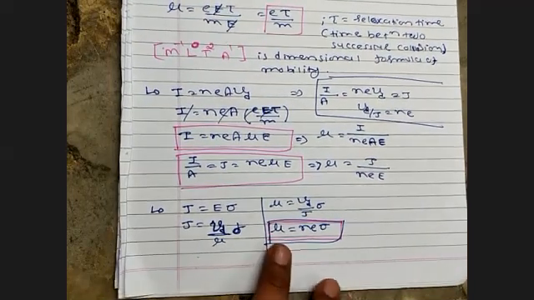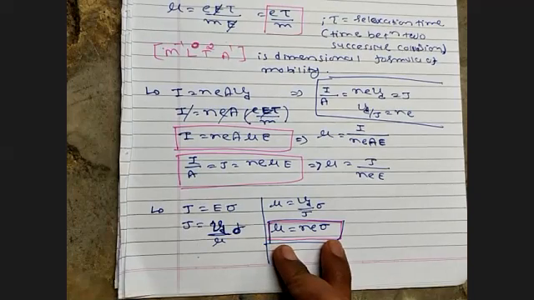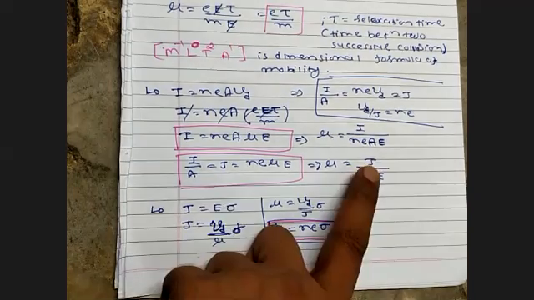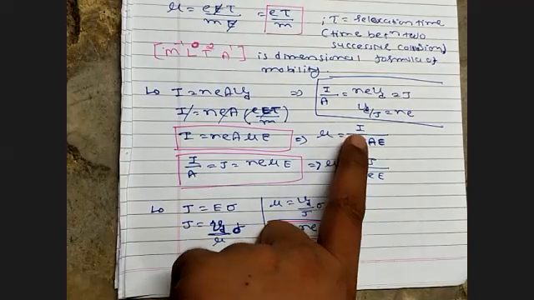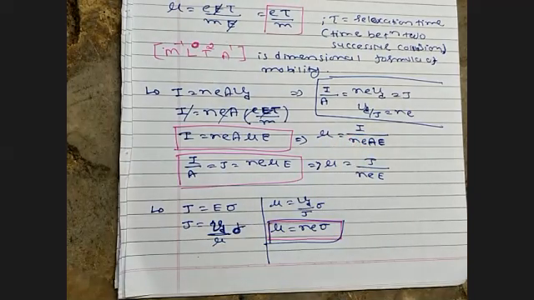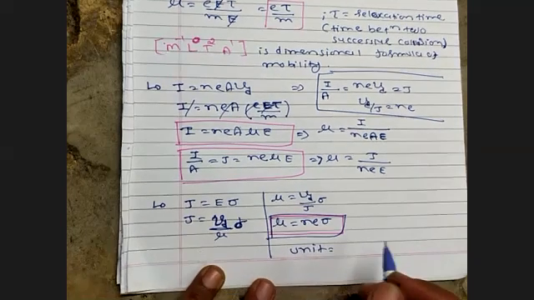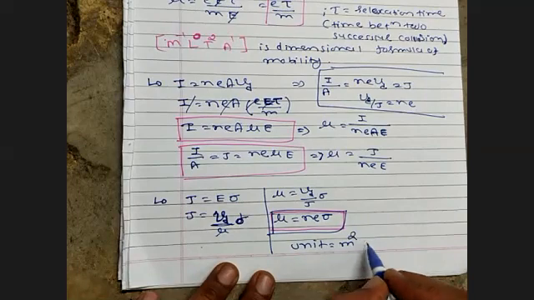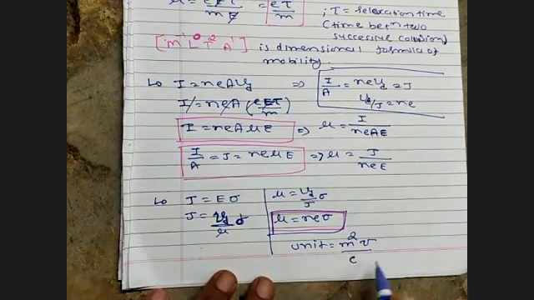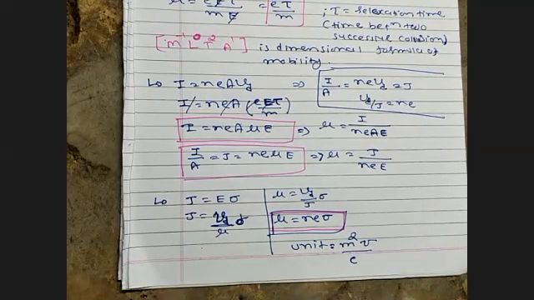So there is a relation between mu and sigma, between mu and J, between mu and I. There is a variety of equations out there, but the unit is the same, no change. So what is the unit? The unit is meter square per volt second. That is, mho, the inverse of ohm, divided by coulomb, mho into coulomb.